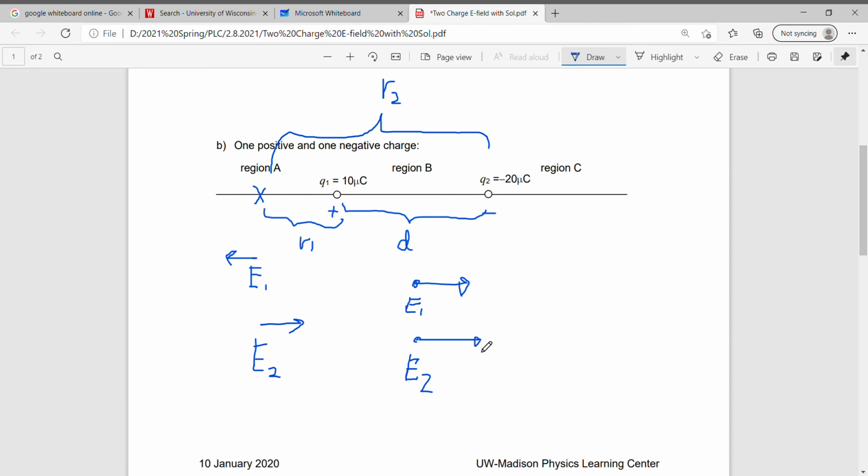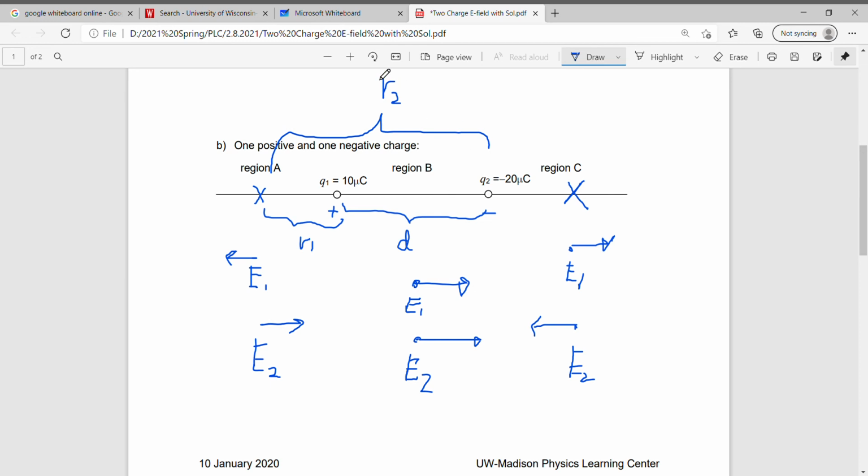Therefore, these two electric fields are in the same direction, and we cannot cancel them out. So there's nowhere in region B where we can have a 0 net electric field. Then in this region C, E1 points to the right, and E2 points to the left.